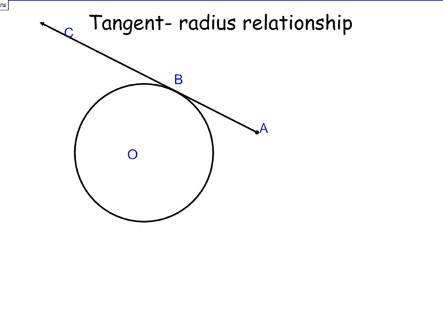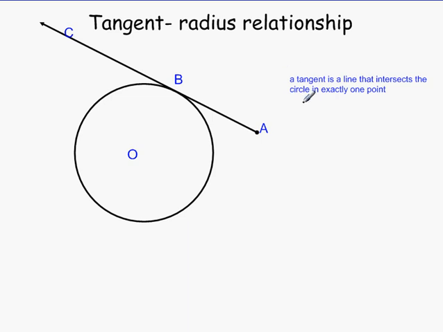Okay, the first thing I want us to look at is the tangent-radius relationship. To start, let's briefly go over what a tangent is. A tangent is a line that intersects the circle in exactly one point.